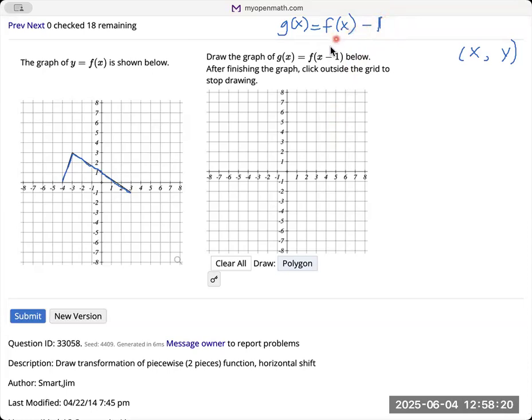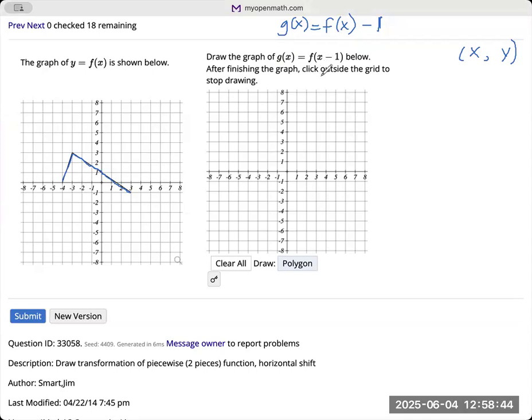Now that we're subtracting inside the argument, inside the parentheses, that is going to affect the graph differently. It's going to move the graph left or right because we are affecting the inputs, the x coordinates of the graph. If this makes sense, great.